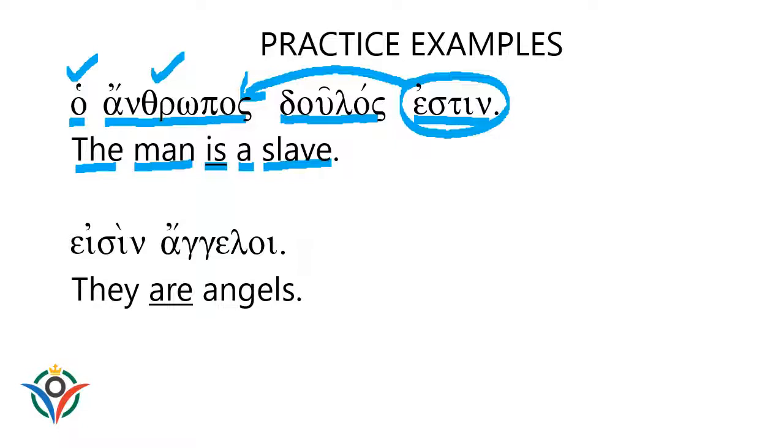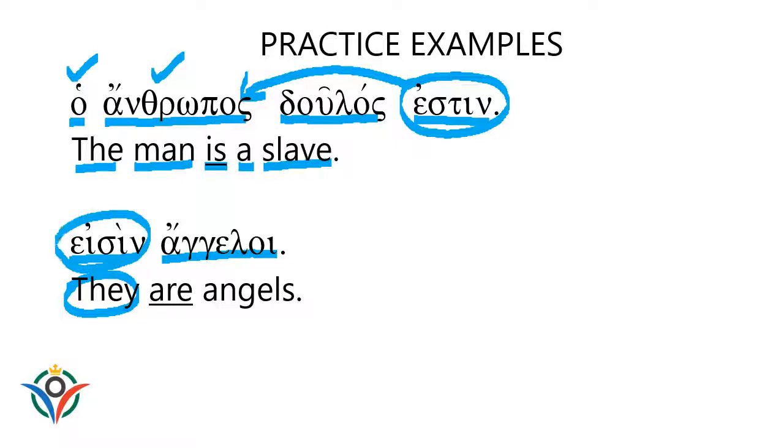Take a look at our second example because it's slightly different. The Greek reads eisin angeloi. All right, so here angeloi is the predicate nominative. It's not the subject. What is the subject? Well, the subject is they. And you might be wondering to yourself, where does they come from in the Greek? Remember that sometimes the subject is built within the verb.